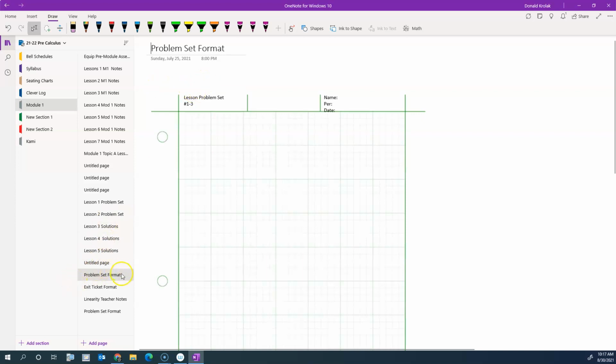And this is lesson 7, problem sets 1 through 3.